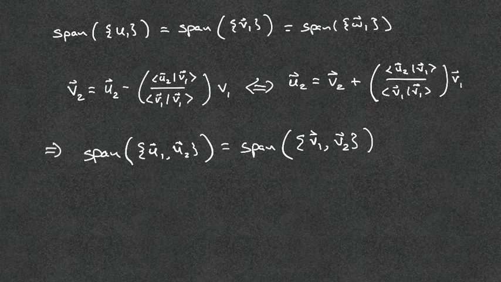And since our w's are just normalizations of those v1s and v2s, that's going to be equal to the span of w1 and w2.